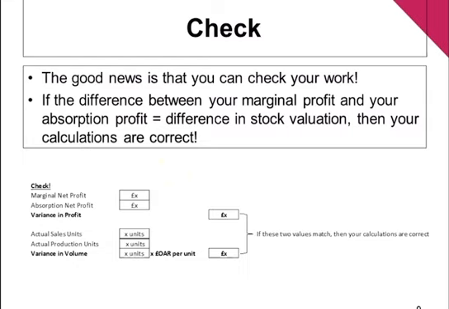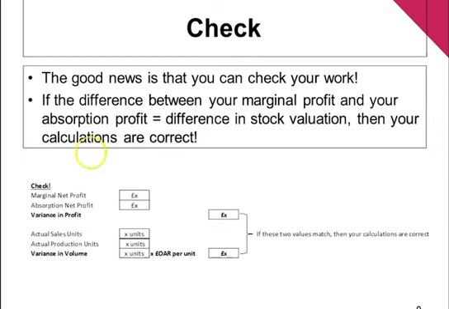Okay, so moving on. The good news is even though that seems very complicated, you can actually check your work, certainly at levels 4 and 5 when we do this, because it's very simple. You create, using various bits of data, a marginal costing income statement, and an absorption costing income statement.